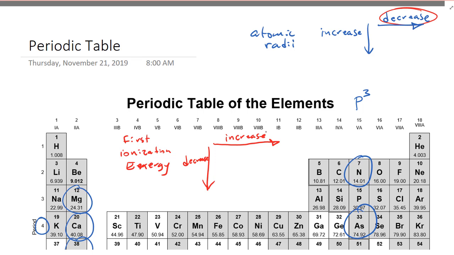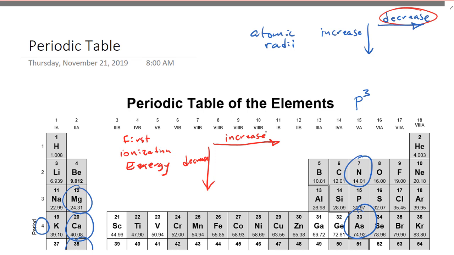And the electrons, though, going across from left to right, these valence electrons are all in the same shell. So if that effective nuclear charge is increasing, remember that opposites attract, and if they attract, that's going to make it more difficult to remove an electron. So again, the greater the effective nuclear charge, the more difficult it is to remove those valence electrons.